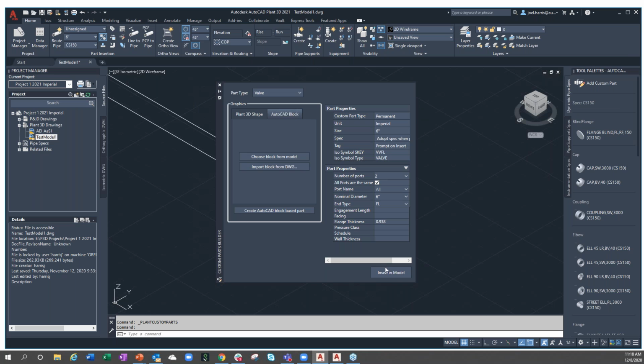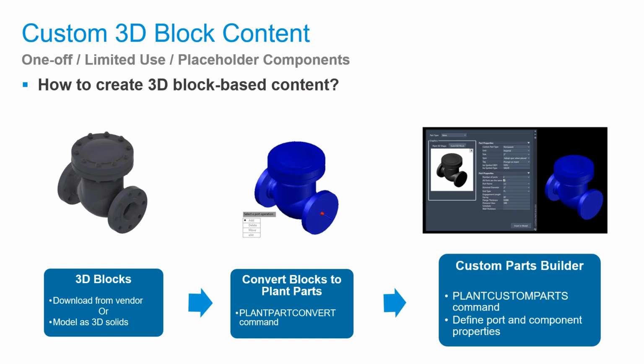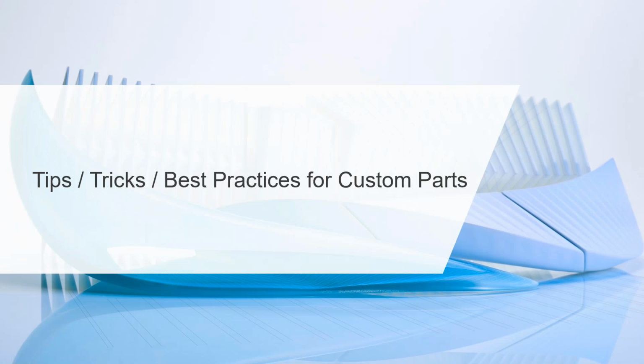And then you can insert it in the model afterwards. So this is where that lives in the Plant 3D ribbon, and that's this Plant Custom Parts command that we just showed you. So those are the two methods for generating block-based geometry in Plant 3D.